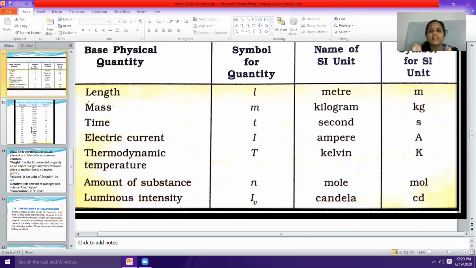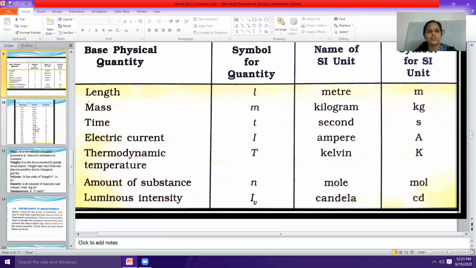Length has the SI unit of meter. Mass has the SI unit of kg. Time, seconds. Electric current, ampere. Thermodynamic temperature, Kelvin. Amount of substance, mole. Luminous intensity, candela. So you have to learn the 7 basic physical quantities along with their SI units.